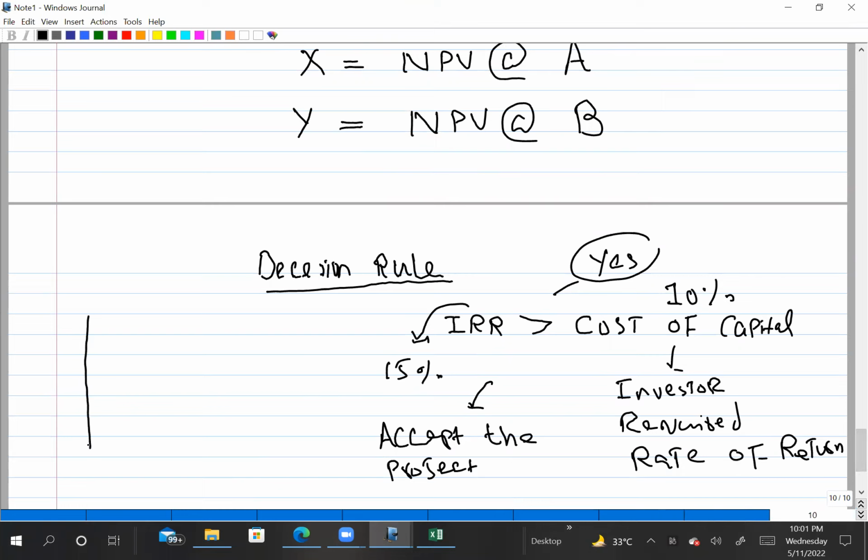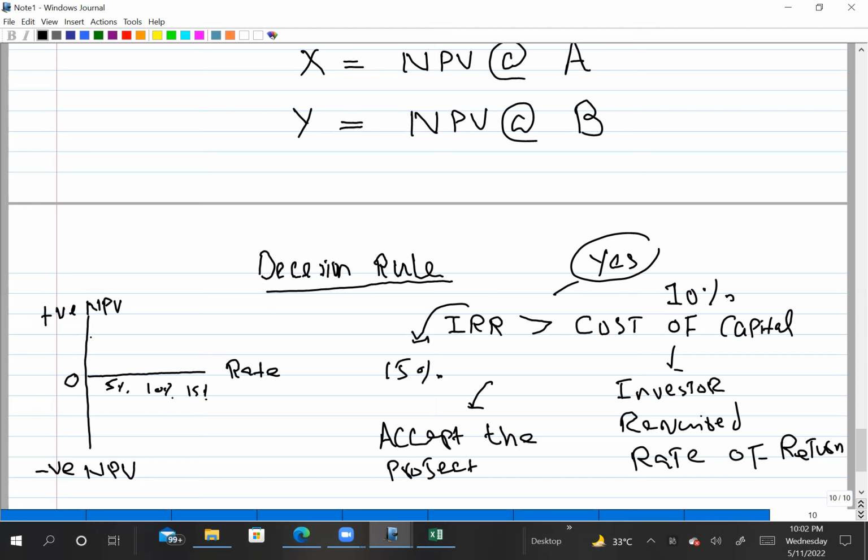Look at this graph. Let's assume this is a graph. This is the rate. On this side, we have positive NPV, and on this side, we have negative NPV. This is 0. For example, this is 5%, this is 10%, this is 15%, and so on.